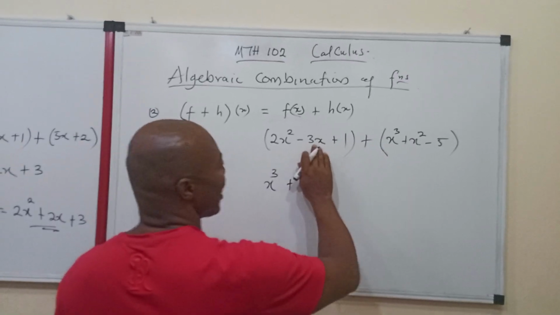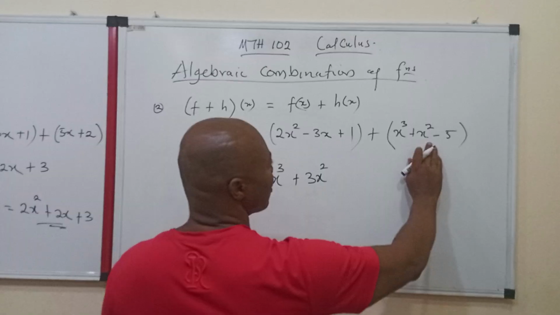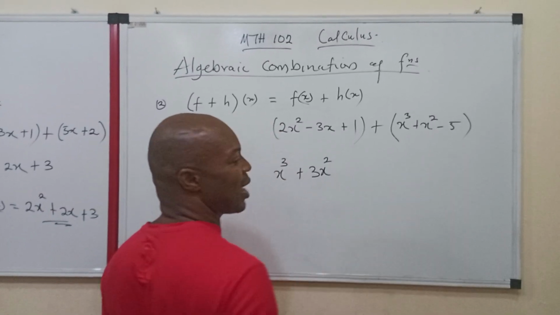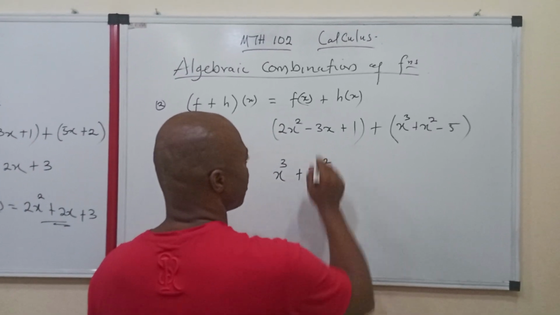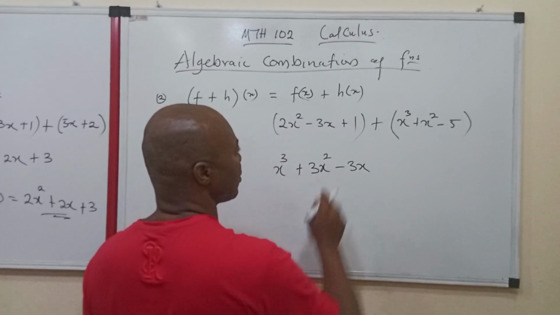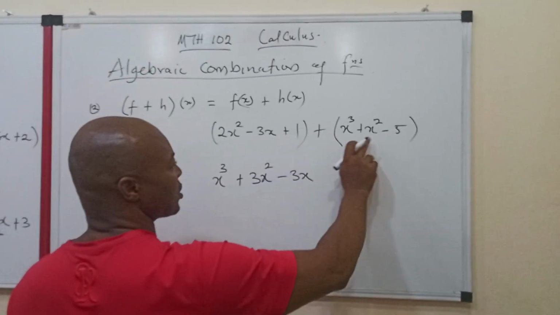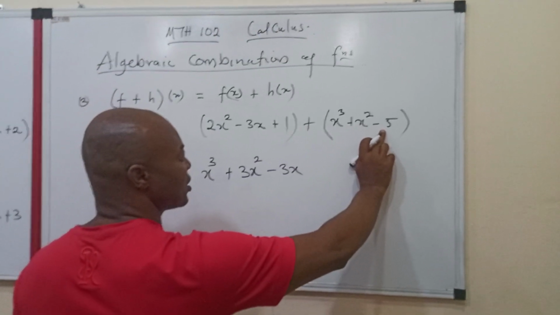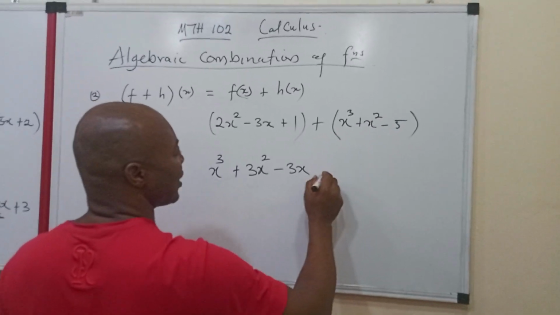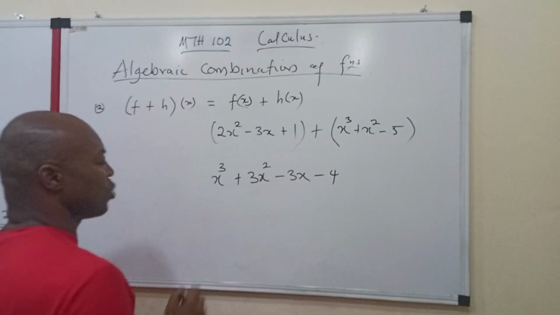Now, here the power is 1, and we have negative 3x. Here, we don't have anyone that has just x. So we'll bring this one down, minus 3x. Now, the other one is a constant, which is positive 1. Here is a constant, but it's negative 5. When you combine them, you are going to have minus 4. So this is what we have.